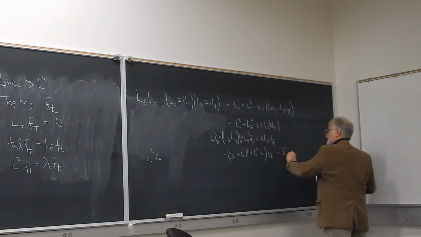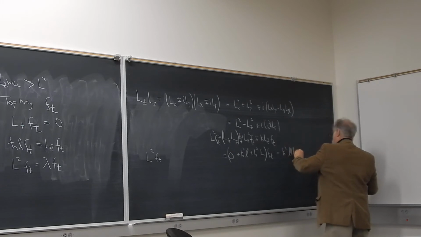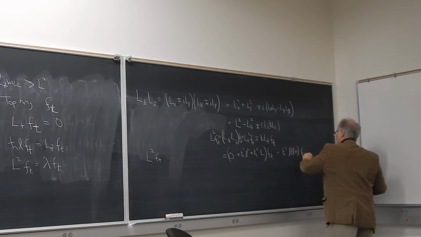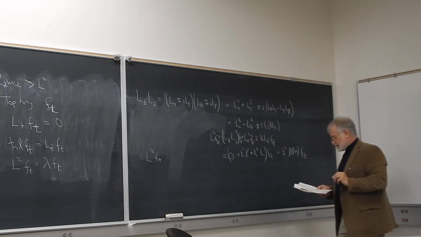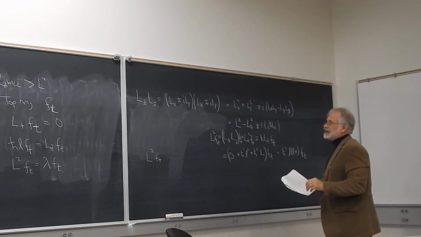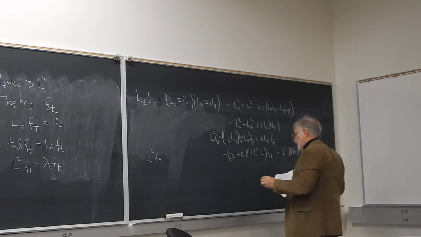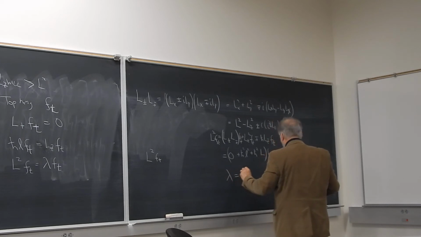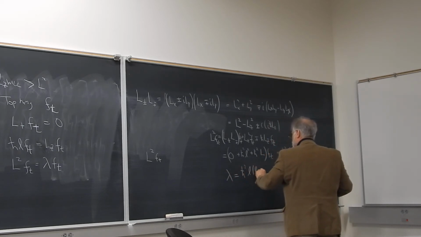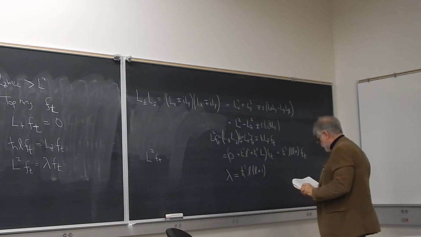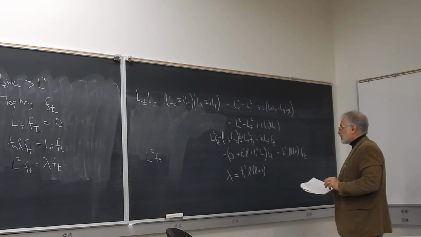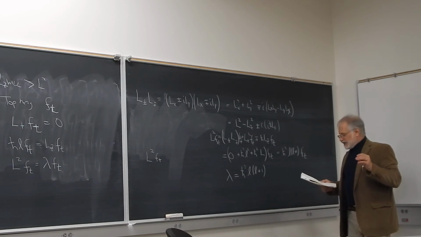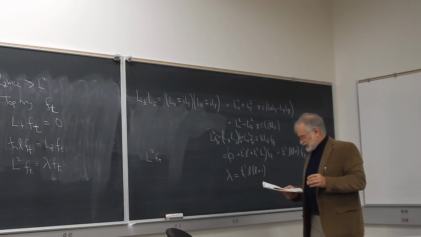H bar squared L plus 1 times f sub t. That means lambda, my eigenvalue for L squared, would be equal to h bar squared times L times L plus 1. This is the eigenvalue of the maximum eigenfunction for Lz.